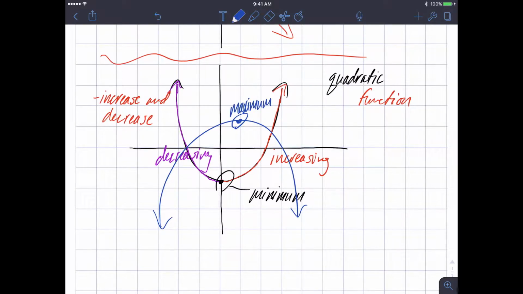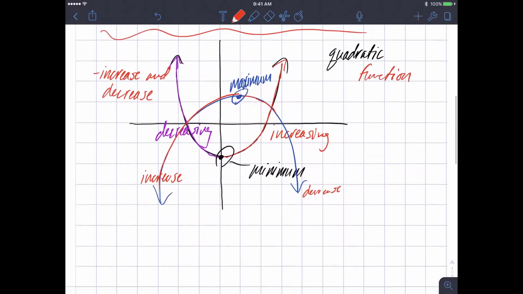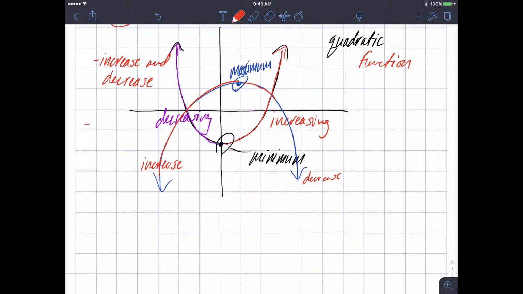And just like the other graph, we have areas where it's increasing here. See, it keeps going up, increasing. And then after it passes the maximum, it starts to decrease. So this would be the increase, and this would be the decrease. Curve or straight line, as you can tell, it curves.